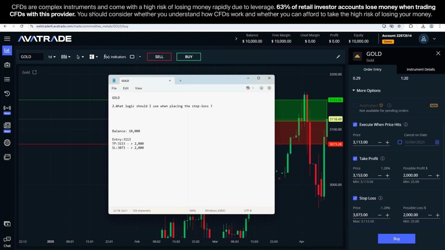Okay, so the equation is very simple. It will be potential loss divided by balance equals factor. Then factor times 100 equals percentage exposure. All right, so if we take 2,000 divided by 10,000, that will be 0.2, times 100 equals 20.